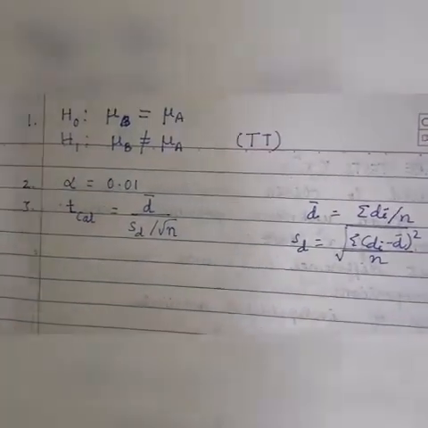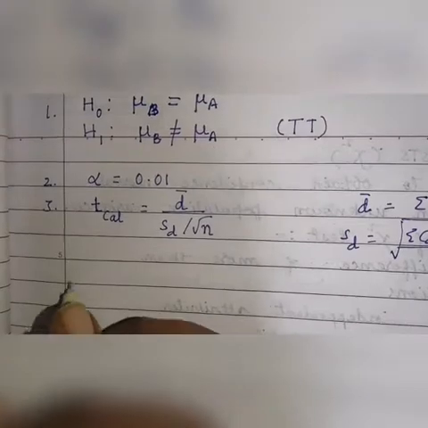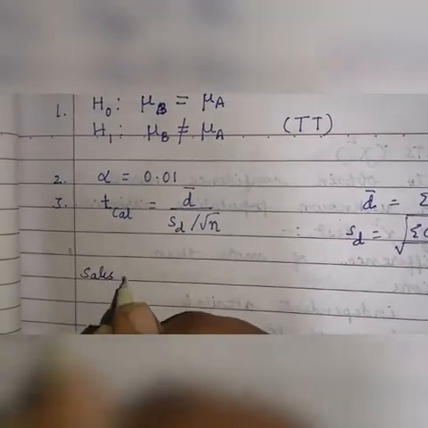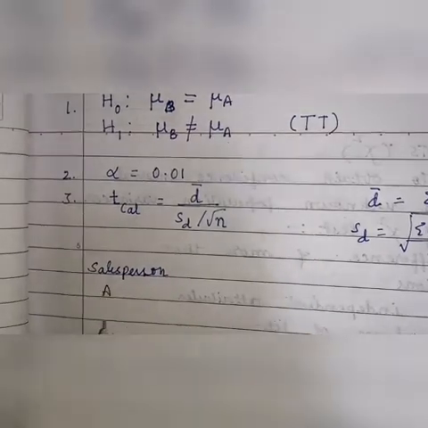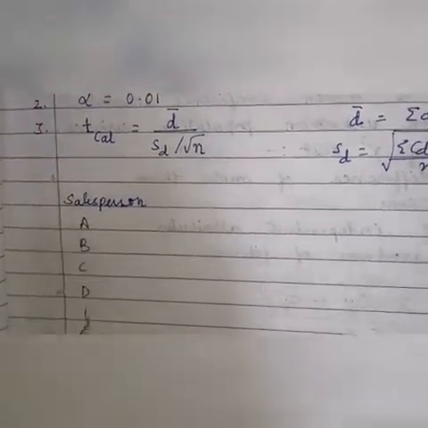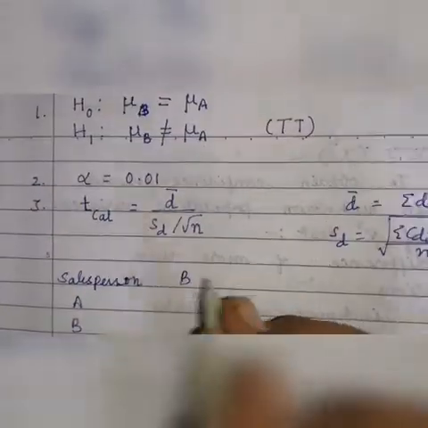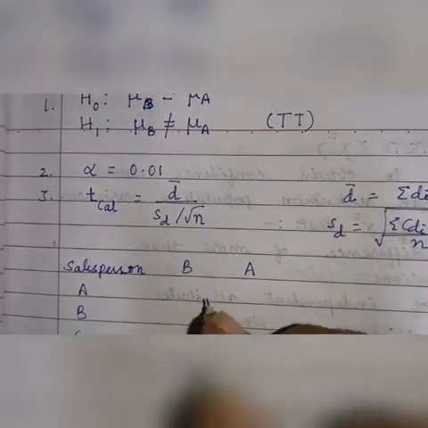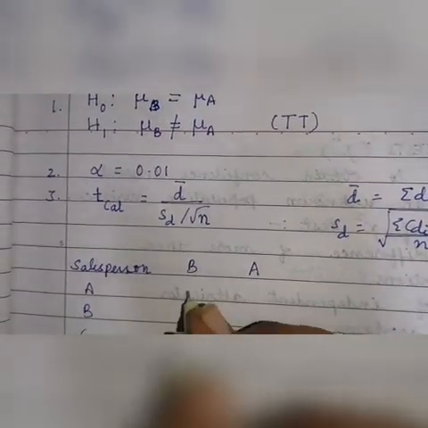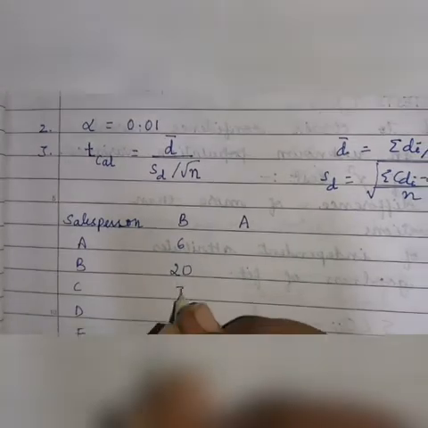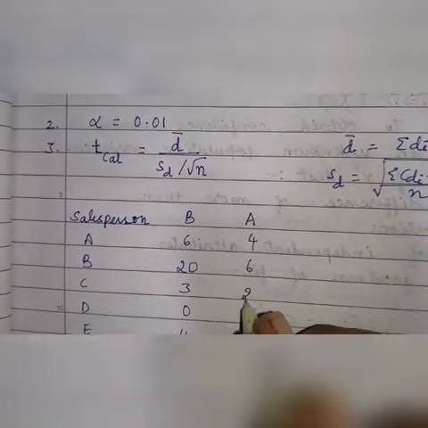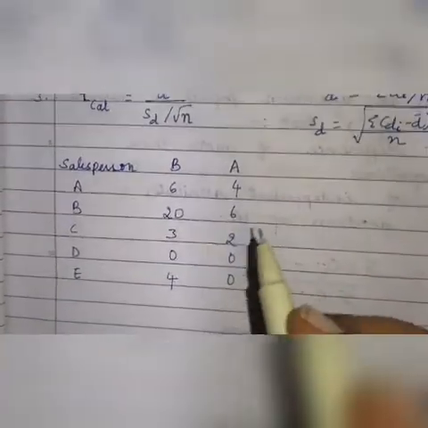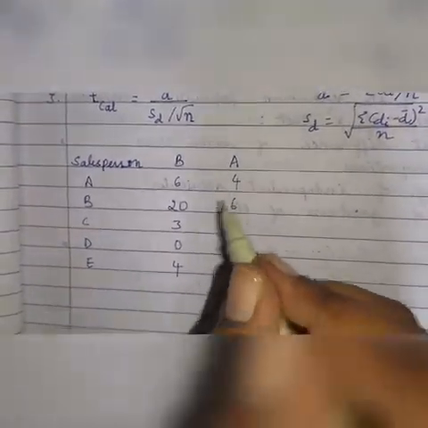Now what is d? We have salespeople A, B, C, D and E. So before and after values of complaints are given here. Before is 6, 20, 3, 0, 4 and after is 4, 6, 2, 0, 0. Whatever data is given to us in the question, I have written it like this.